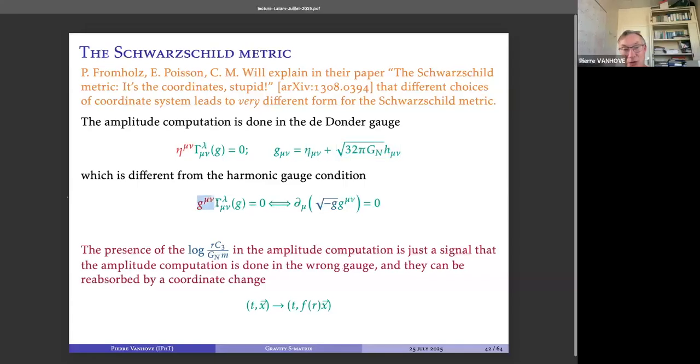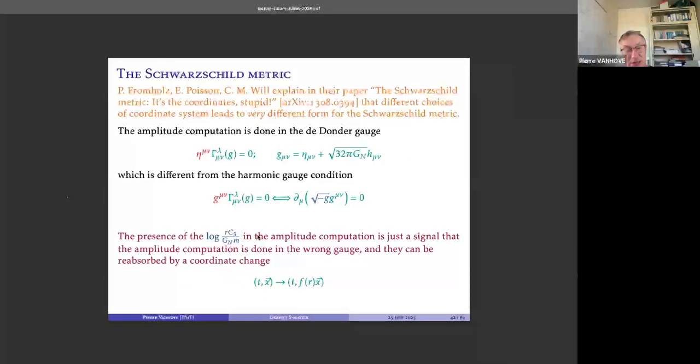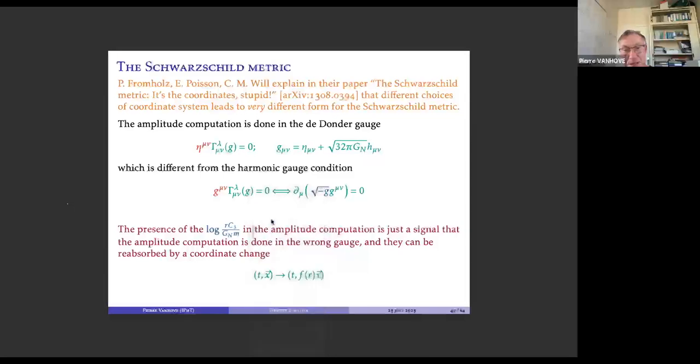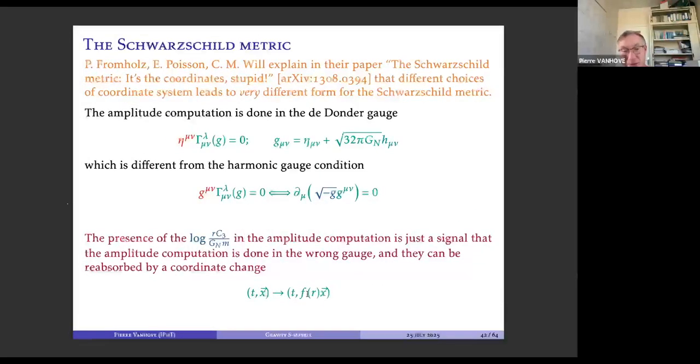So when you compute this and multiply by this, you get an infinite series of terms in G Newton coming from here. But you don't have them here because you have just truncated it. So you have to compensate by doing this transformation that order by order in perturbation reabsorbs the terms.